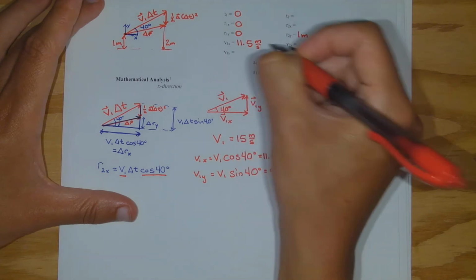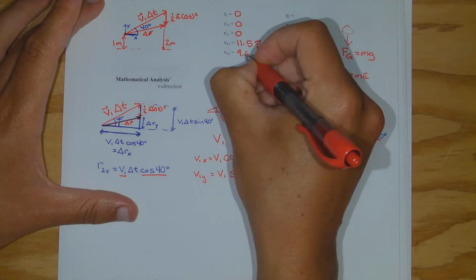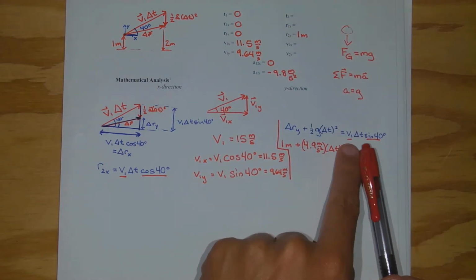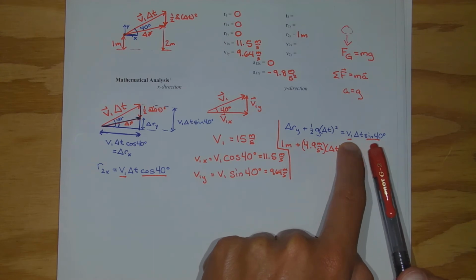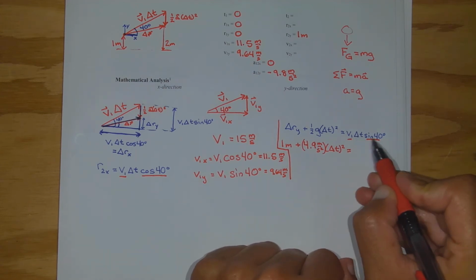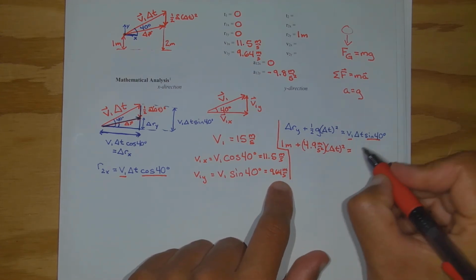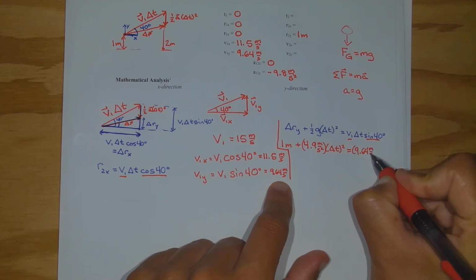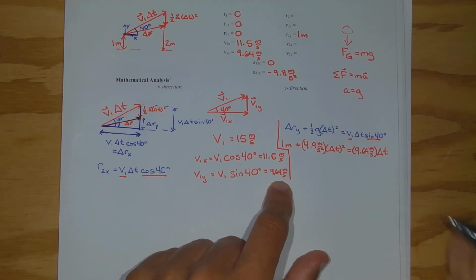Okay, now here I could plug in the 15 for v1 to simplify this. Or I know v1 times sine of 40 degrees is 9.64, so let's just call this 9.64 meters per second, then times delta t.